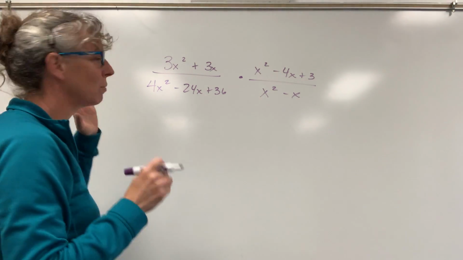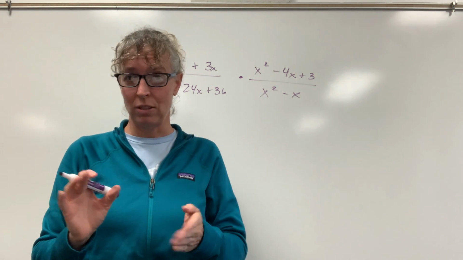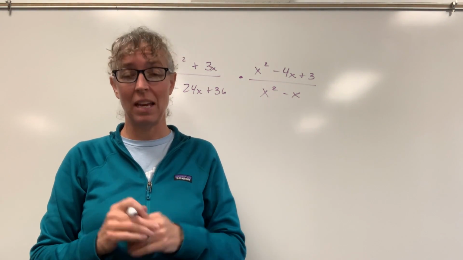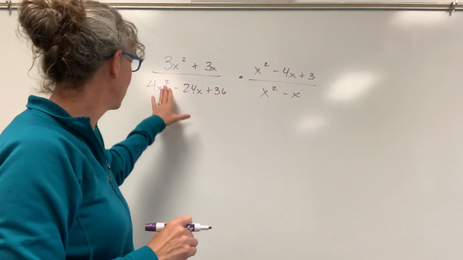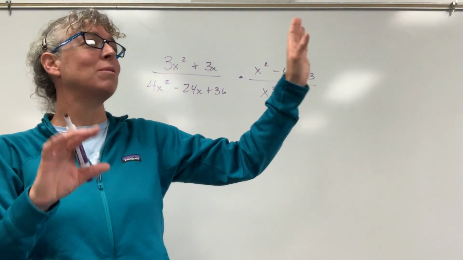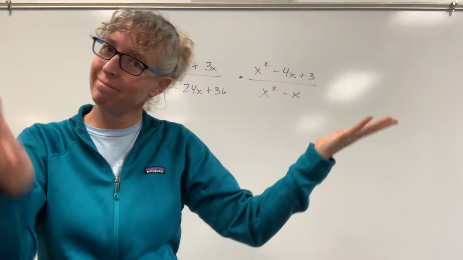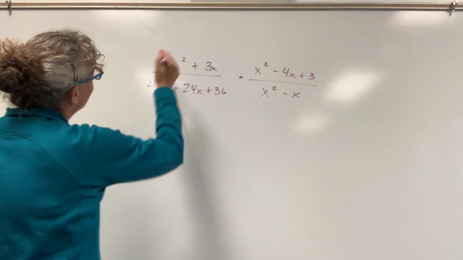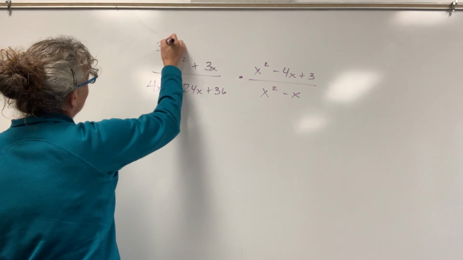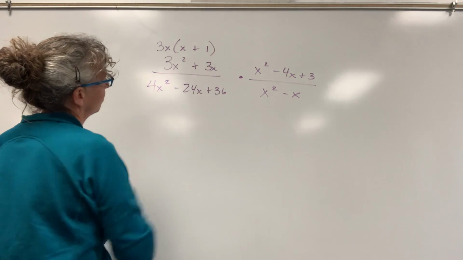Okay, so remember, when there's adding and subtracting, you can't cancel across the division line unless it's exactly the same. Well, none of these are exactly the same. So yes, some of you already guessed it. Some of you will be so excited to find out the news, but you have to factor. Congratulations, factoring. So let's take a 3 and an x out of this one, and I'd have an x plus 1.